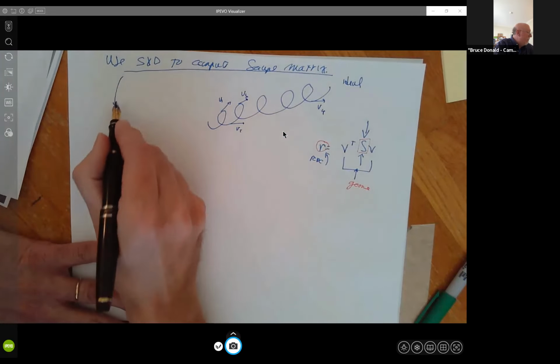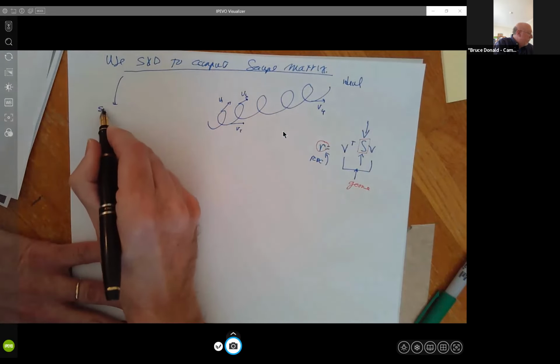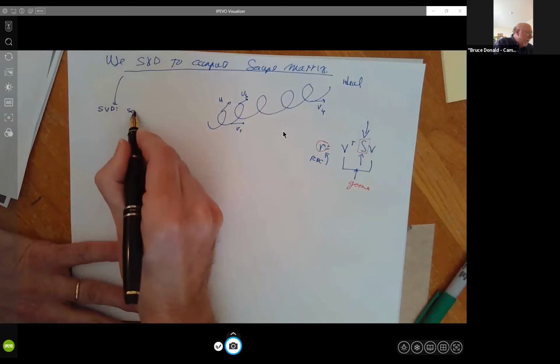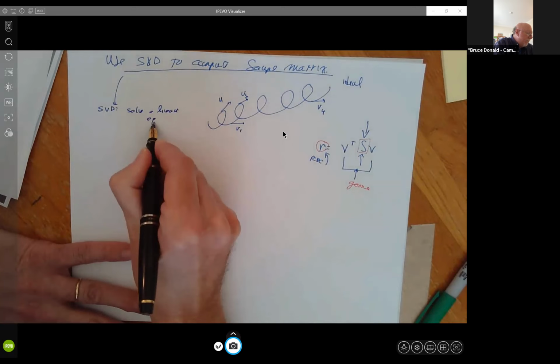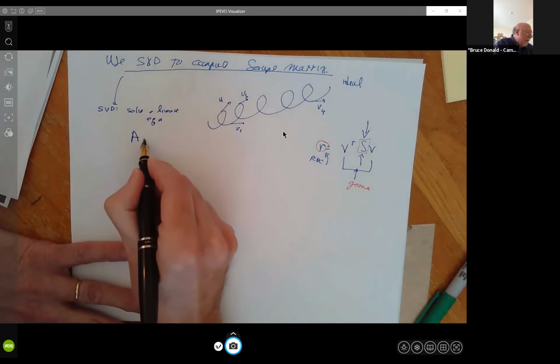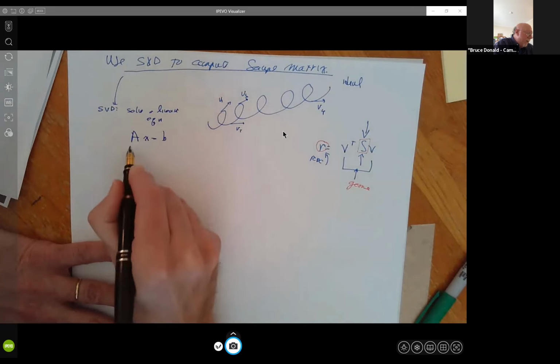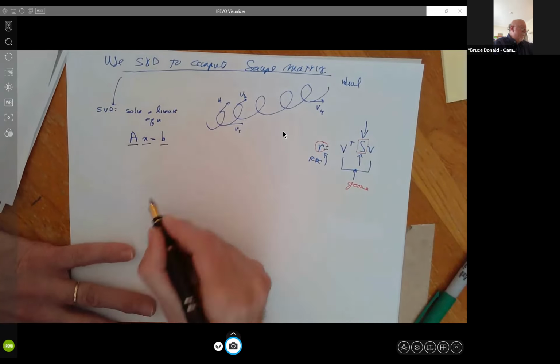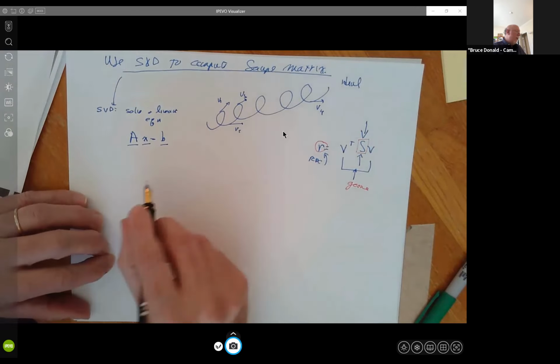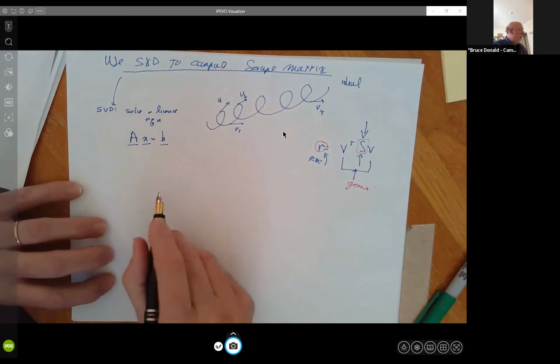The trick here is I want to use SVD to solve a linear equation of the form AX equals B, where A is a matrix, X is the unknown, and B is a known vector. And I'm not going to set this entirely up for you, but I'll give you the idea.